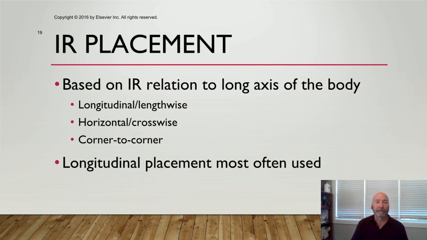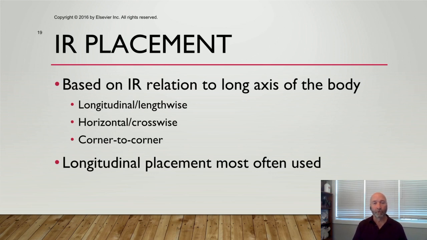So our placement is going to be based on the relationship to the long axis of the patient's body. So the image receptor, we can have the image receptor based in a couple of different orientations, either lengthwise or longitudinal, and that would be with the long axis of the image receptor going with the long axis of the patient's body. Horizontal or crosswise would be with the image receptor going across the patient's body.